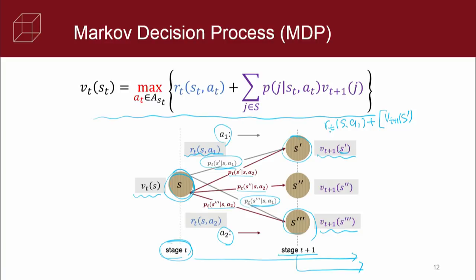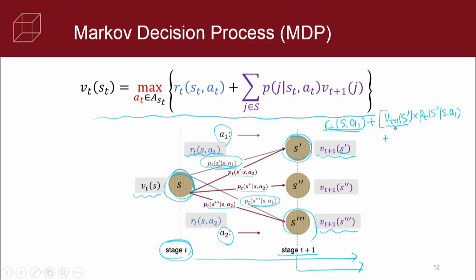So you receive the immediate reward, and with this probability you will be in S prime in the next stage, and you can think about the expected total remaining rewards from the stage t plus 1 to the end. The corresponding probability is Pt(S prime | S, A1).